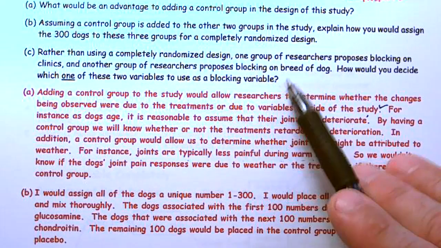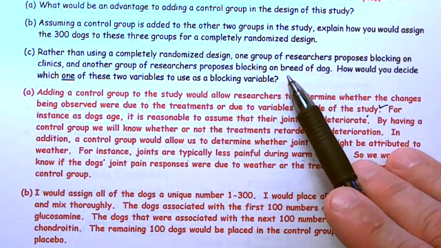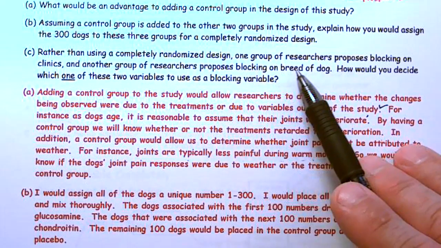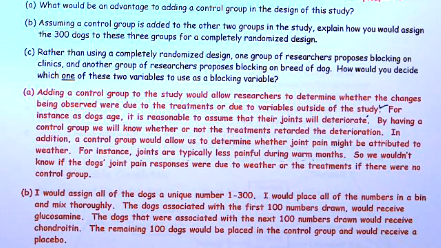So rather than using a completely randomized design, one group of researchers proposes blocking. Now remember, blocking is stratification for experiments. So we want to control for and out something that we believe is going to impact the study. We always block on the variable that we believe will have the greatest impact.